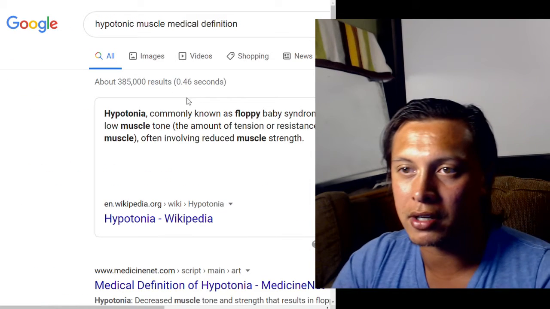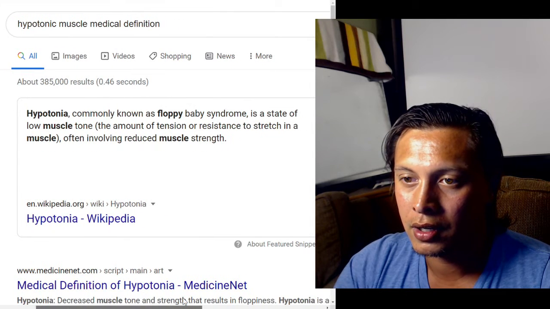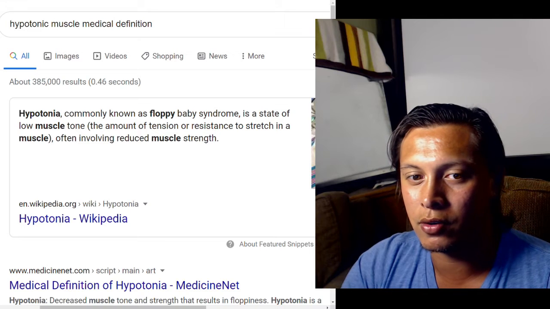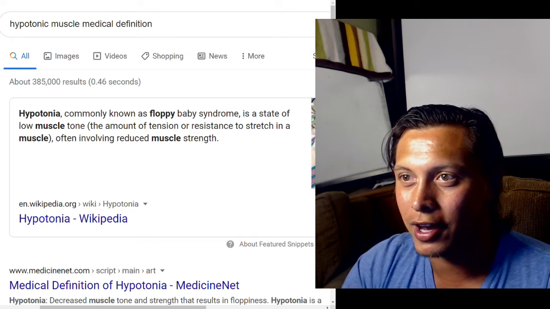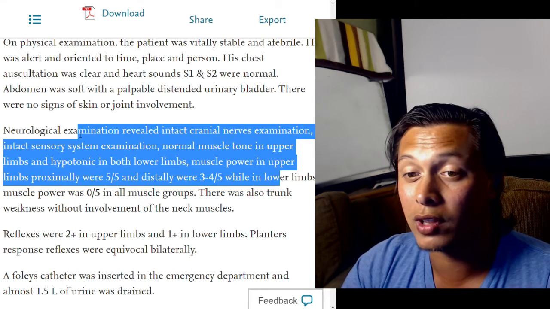Hypotonic muscle medical definition. Yeah, so low tone, not a lot of muscle tone. So the muscle tone in his lower limbs, which I assume are the legs, are weak, or lacking tone.